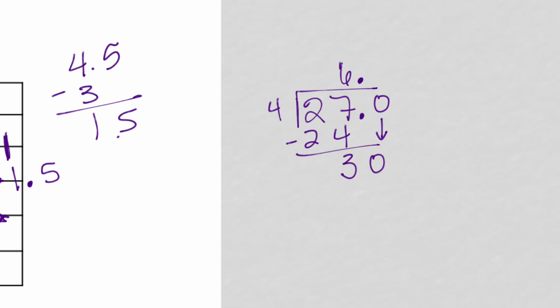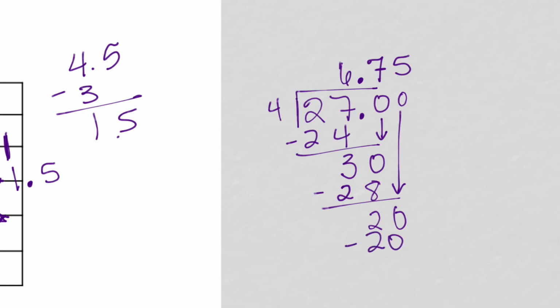So what do we need to put here? How many times does 4 go into 30? 8 times, but not evenly. 7. What's 7 times 4? 28. So we drop down our 2. We add 1 more 0. How many times does 4 go into 20? 5 times.